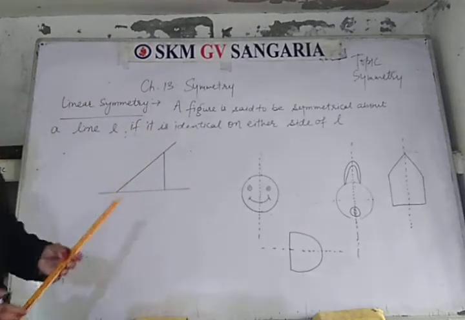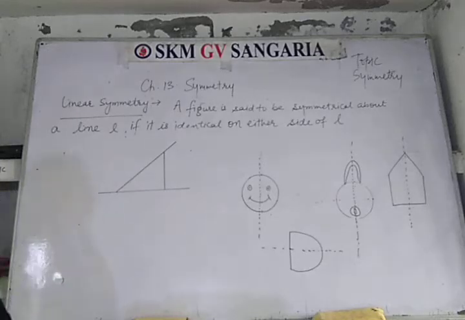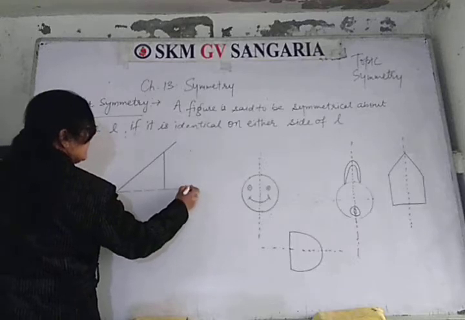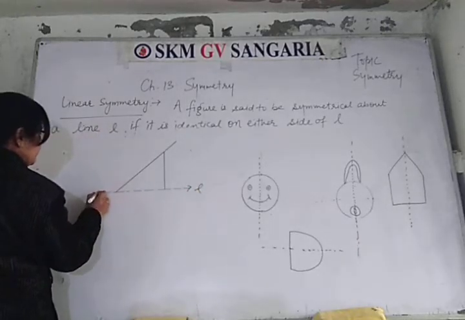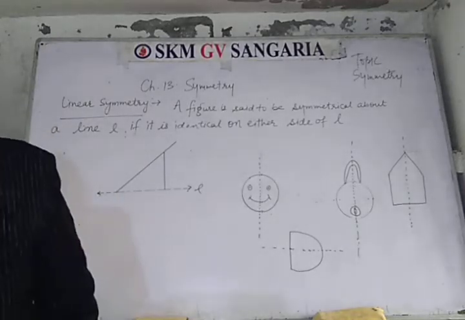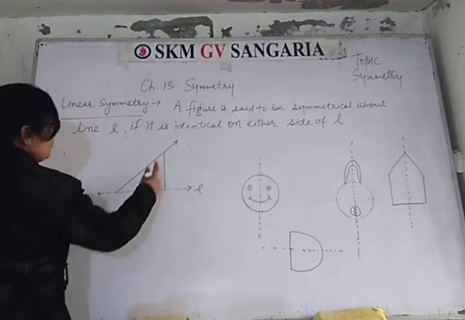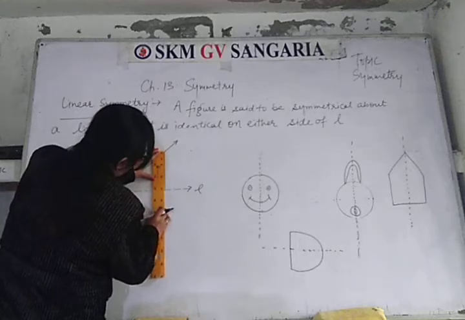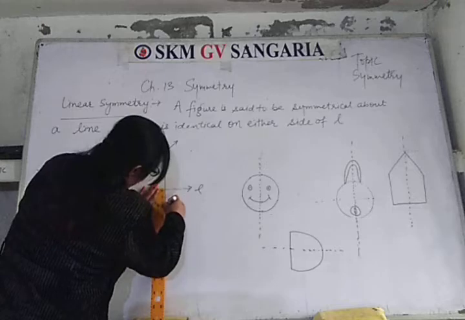The line L is dotted. Okay. You have to complete it. This is the arrow side here. So you draw first this much portion, how much it is, and put it down here in this way.